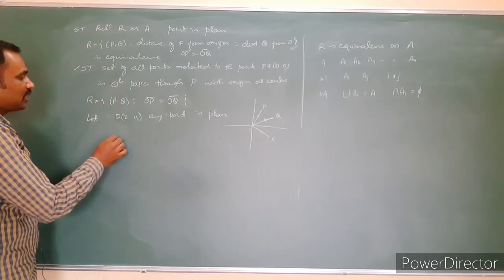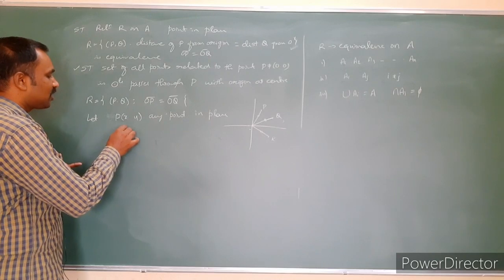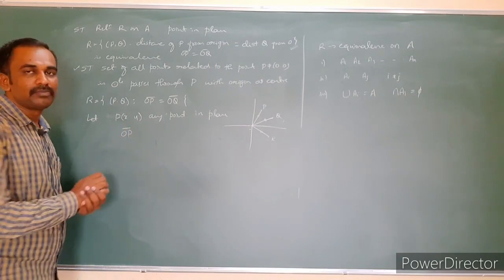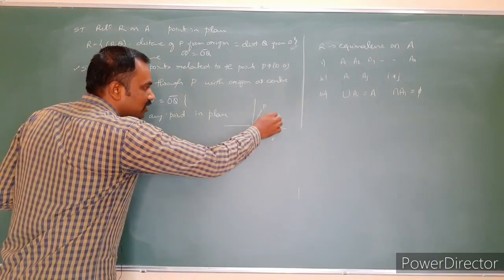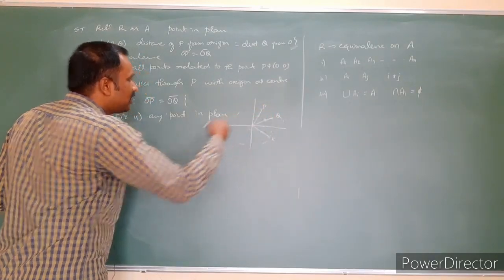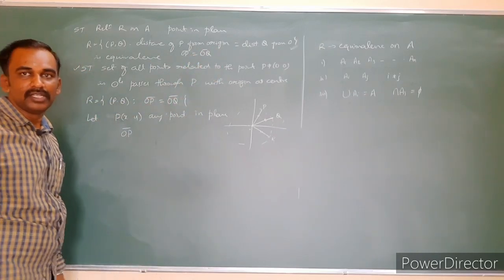They are only telling that the distance is the same. The distance is nothing but OP. The set of all the points, P1, P2, P3, is the set satisfying the condition that the distance of OP is equal to the distance of OQ.